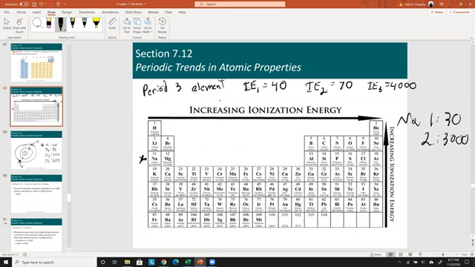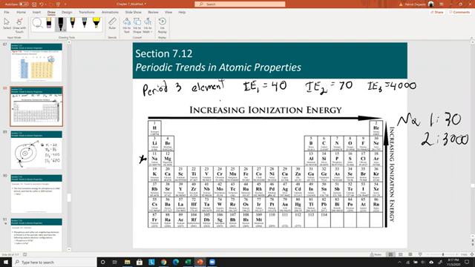Because you remove the first one, not so bad, because sodium wants to lose an electron anyway. They're like, here, take it, whatever. But then neon's like, I'm a noble gas, dude. I don't lose electrons. But you have to lose an electron. It's going to take a lot of energy. That's why this big jump.